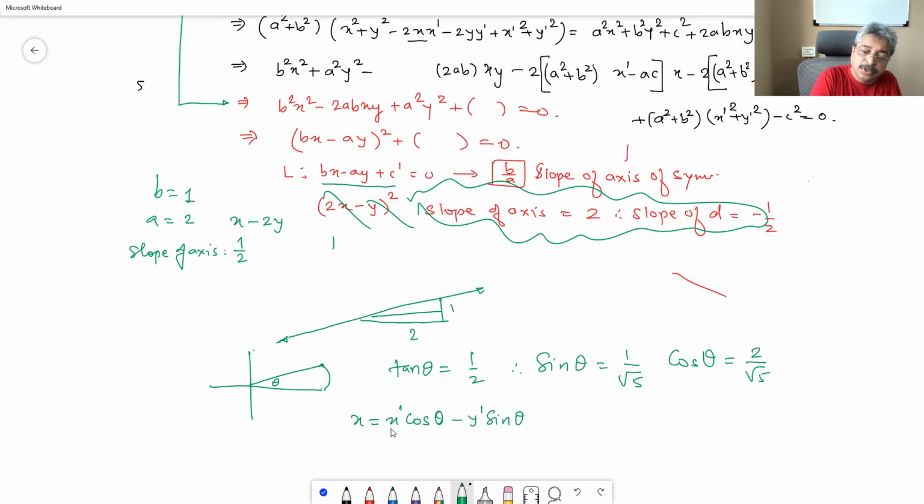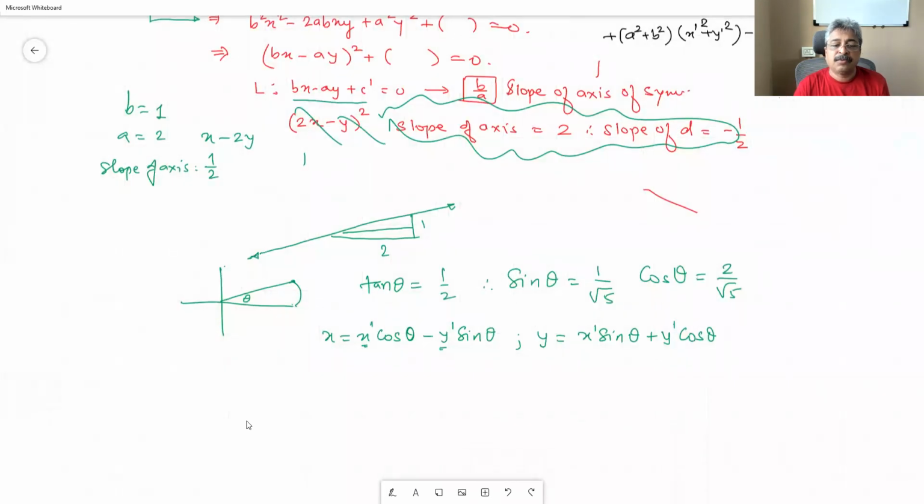This is our new coordinate, x dash and y dash, after rotating the system. And y coordinate will be x dash sin theta plus y dash cos theta. Right? You need to remember this, and therefore we should find out what is our x.